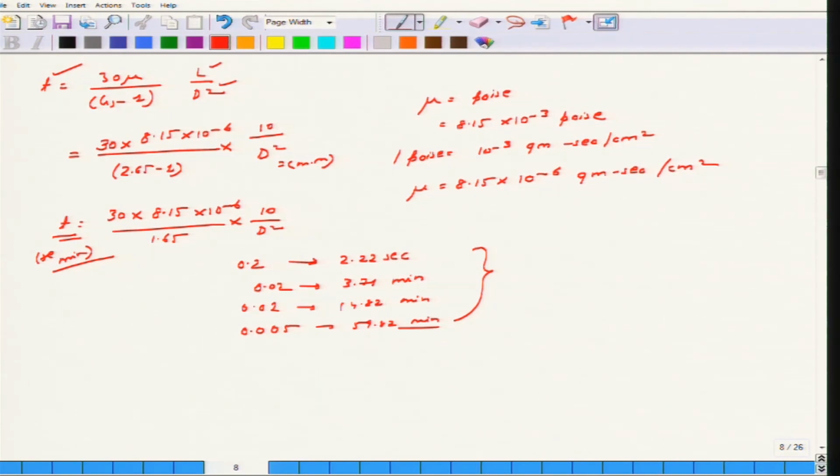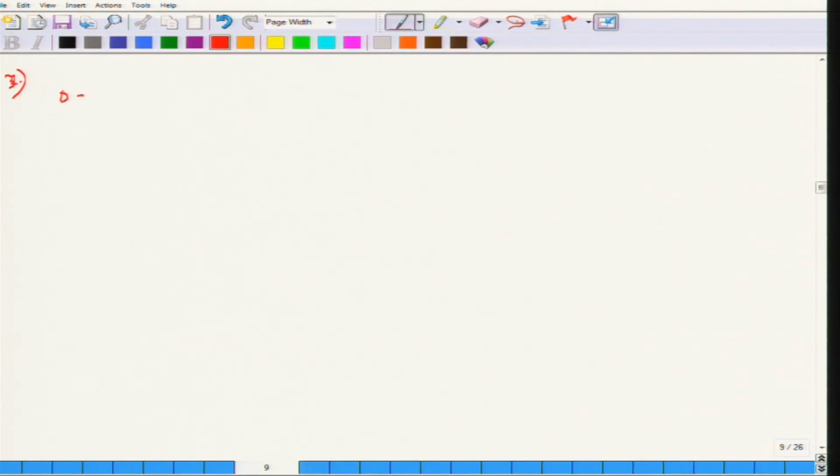The formula covered in the slides is quite different, because it consists of the hydrometer formula as d equals the square root of 18 eta L divided by (gamma S minus gamma W) into 60 into T, whole to the power of 0.5.